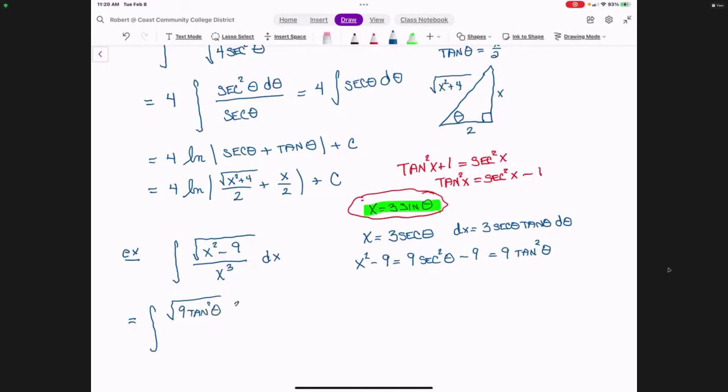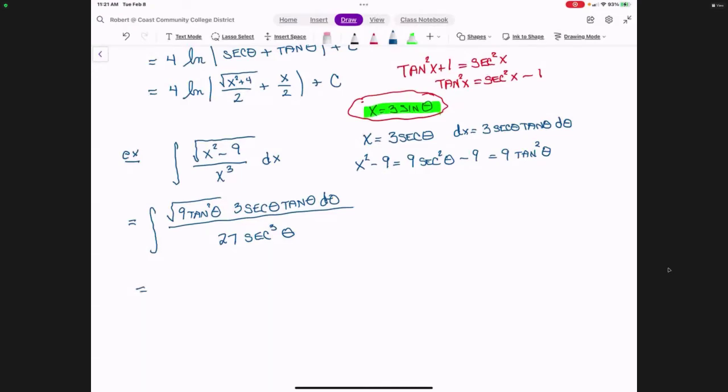The dx is 3 secant theta tan theta d theta. And then downstairs, we're going to have 27 secant cubed of theta.